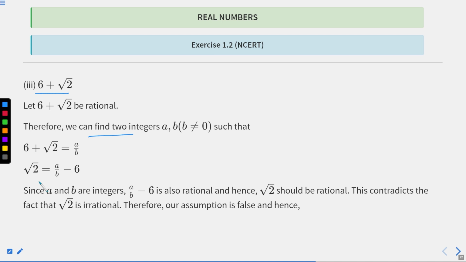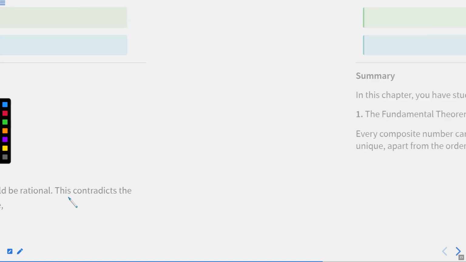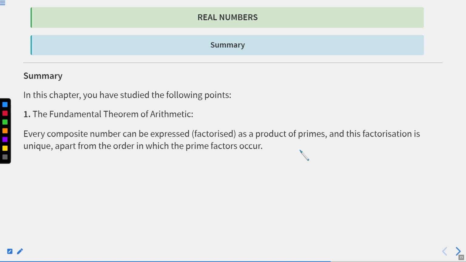Since a and b are integers, a over b minus 6 is also a rational number, and hence root 2 should be a rational number. But this contradicts the fact that root 2 is irrational. So our assumption that 6 plus root 2 is a rational number is false. Hence 6 plus root 2 is an irrational number.